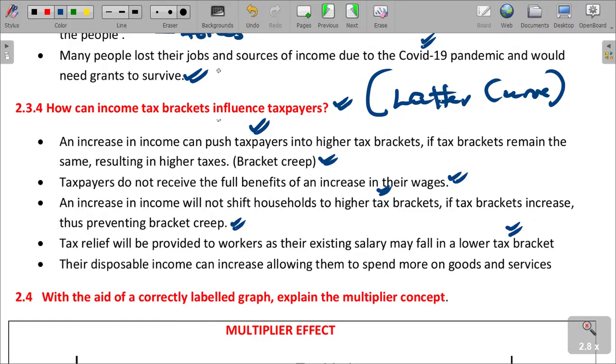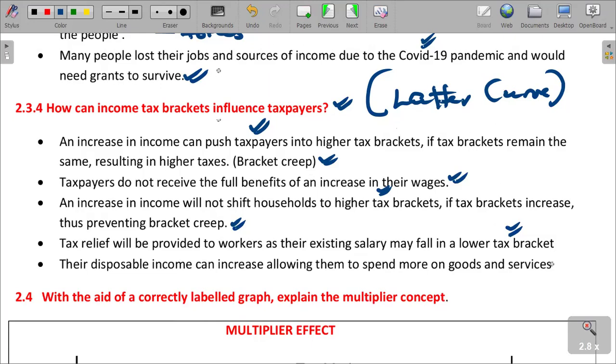I'm sure that we know very well that we have a tax bracket, a taxing system which exempts other people getting lower salaries from paying tax. Government does not tax them. So the tax relief will be provided to workers whose taxable salary may fall within a lower tax bracket, and therefore their disposable income can increase, allowing them to spend more on goods and services.